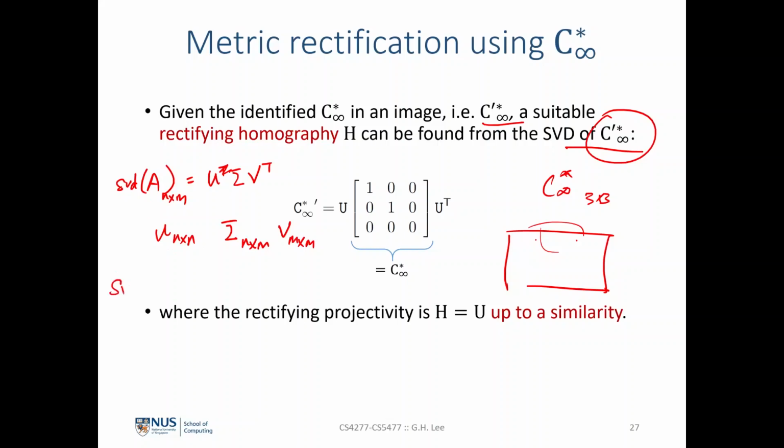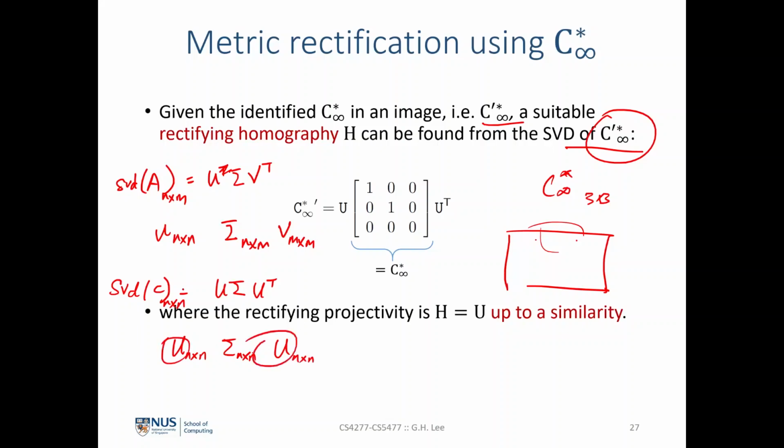But if we were to take the SVD of a square matrix C, for example, then the end result would be U sigma U transpose, where both of the U's are going to be the same. If this is an n by n square matrix, then U is n by n, sigma is a diagonal of the eigenvalues, n by n, and U is also n by n, and these two U's are actually the same.